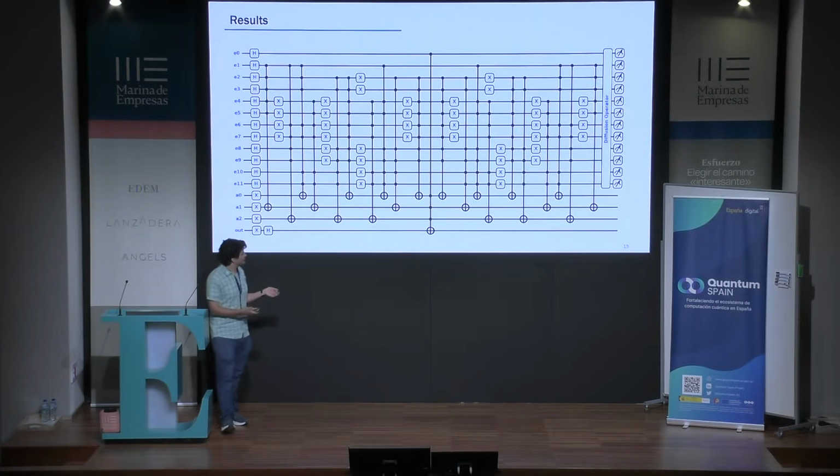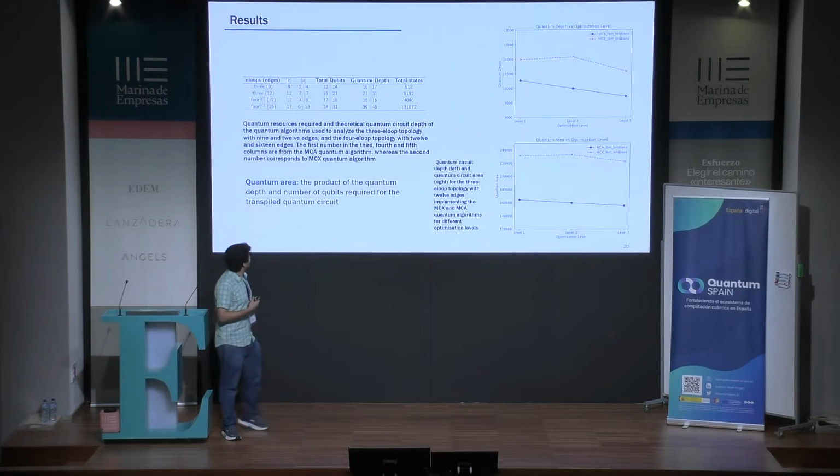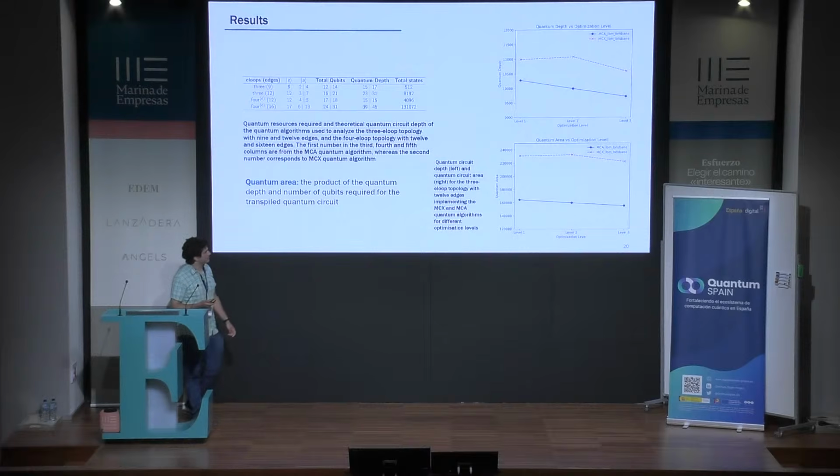So now the result is that we have this pretty compact quantum circuit, and theoretically we have some reductions in the different parameters that we need, like the total amount of qubits and the quantum depth.